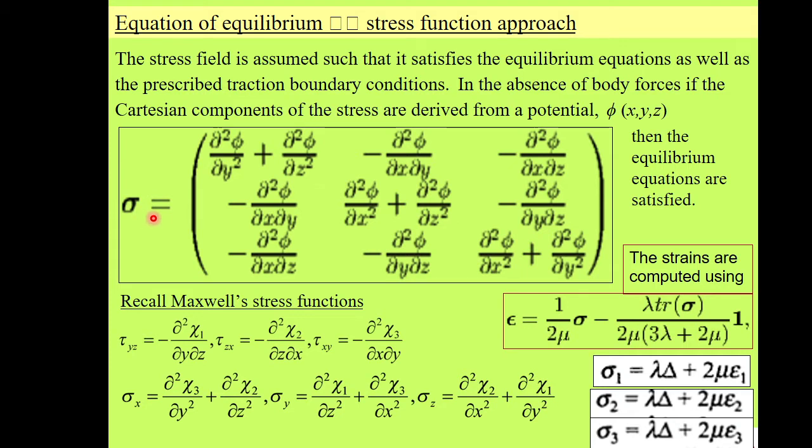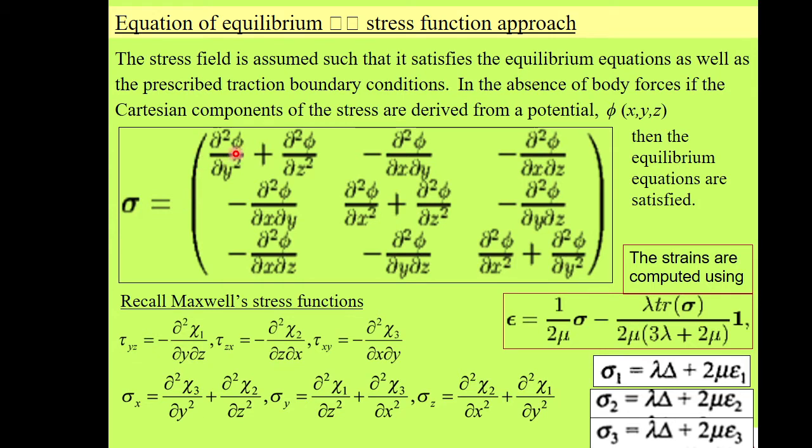This is a three-dimensional stress field. So unlike Airy's stress function, what we have used here is some stress function in 3D, phi of x, y, z, for which these are the terms.